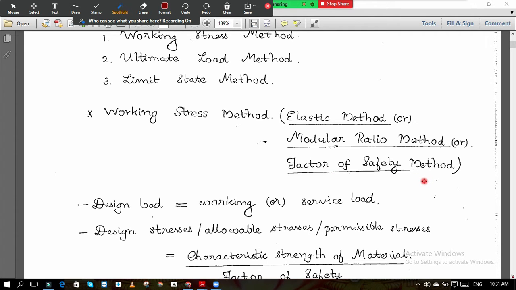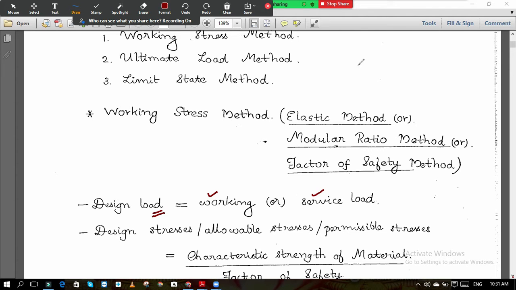Okay, so in this working stress method, your design load is nothing but your working load or service load. Service load means whatever load is acting over there at service, that is your service load.